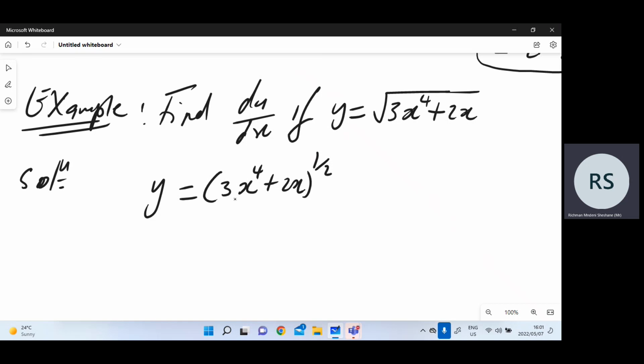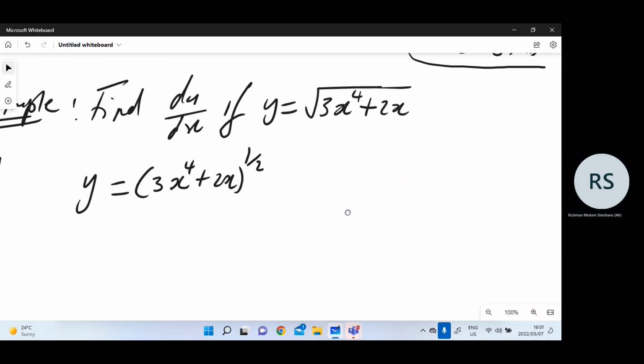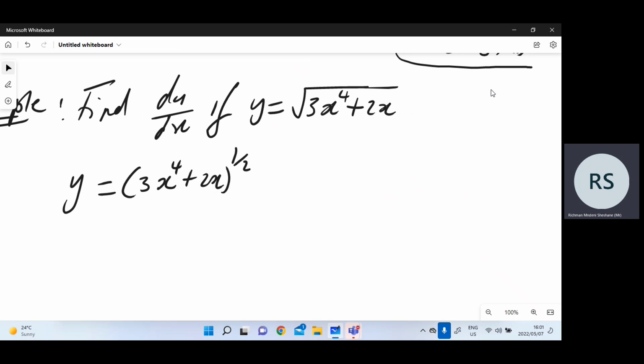As I can see, I have a function to the power of n, which means I have this form of the standard derivative number 1. This is the standard derivative when I'm deriving a function that is to the power of n.